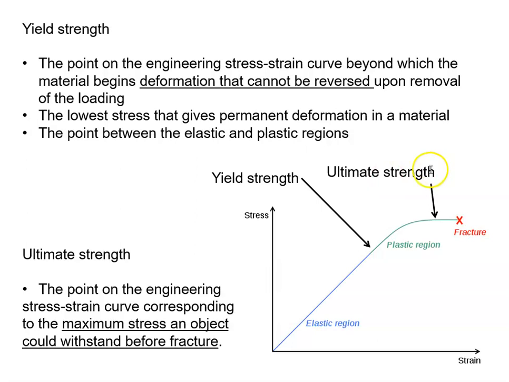All right, and then we have the ultimate strength. This is the point on the engineering stress strain curve corresponding to the maximum stress an object could withstand. So this is not pointing to fracture. What it's really pointing to is the highest point on the stress strain curve. I'm pointing that out clearly because this diagram is a little simple.